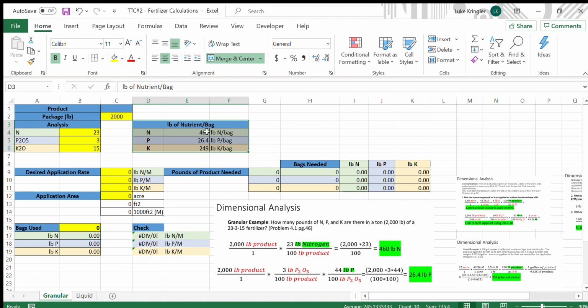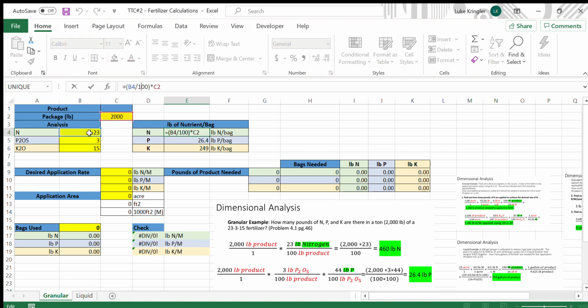So now we look at this pounds of nutrient per bag. These values here are calculated using the analysis and the package weight. So in this we have the 2,000. If it was a 50, these numbers would be different. You see B4, which is the analysis for nitrogen. Remember, in the analysis, the first number is elemental nitrogen, so there's no manipulation necessary there.